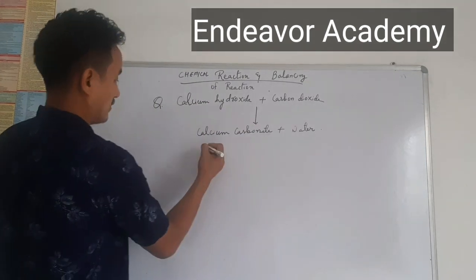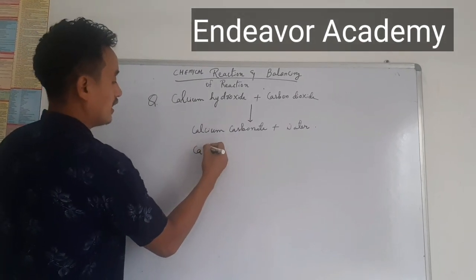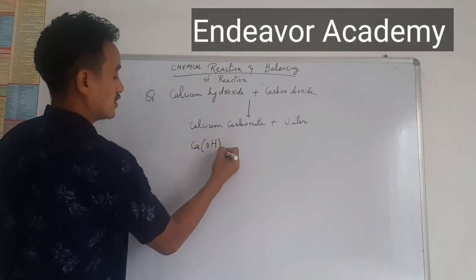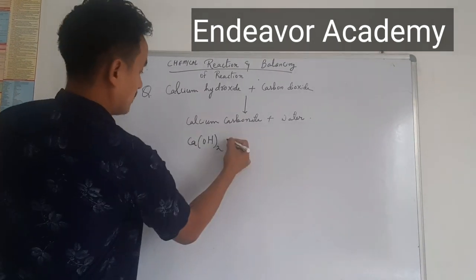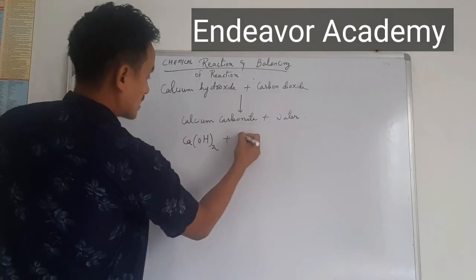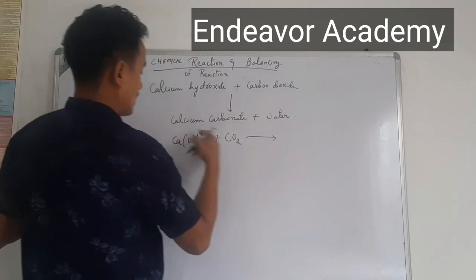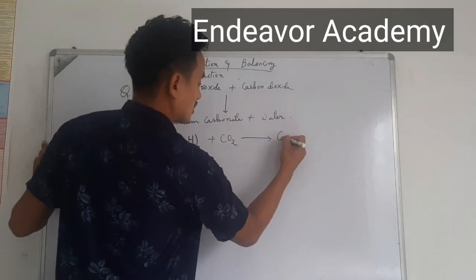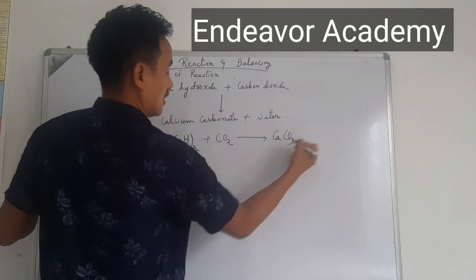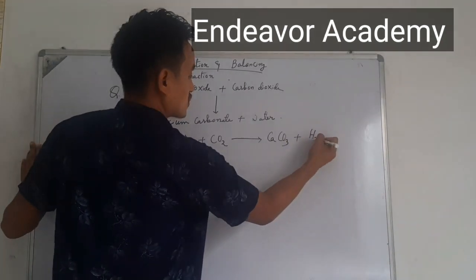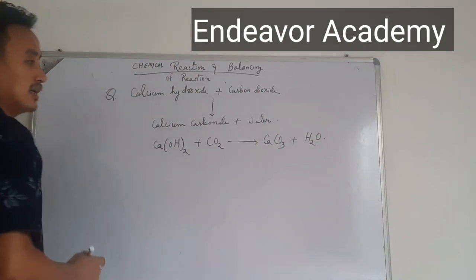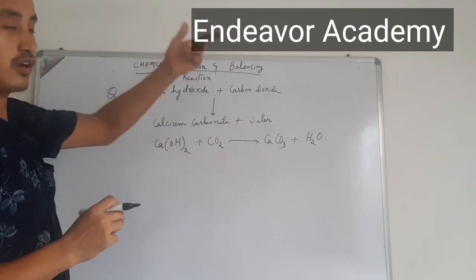Calcium hydroxide, Ca(OH)2, plus carbon dioxide, CO2, will give calcium carbonate plus water, H2O. So we will follow the technique.